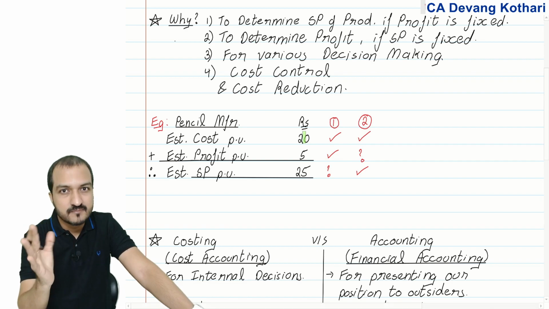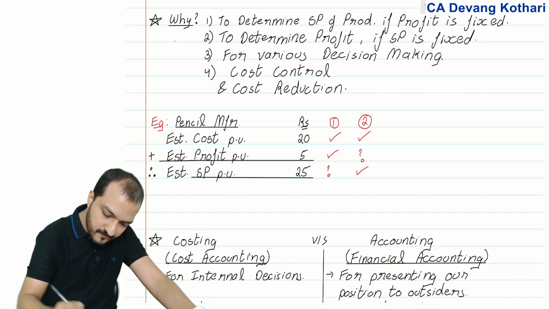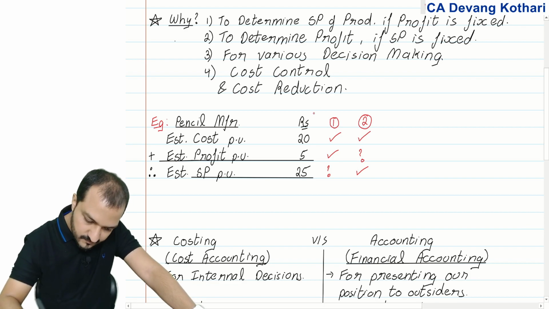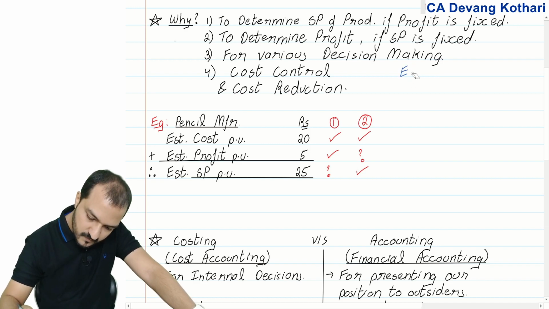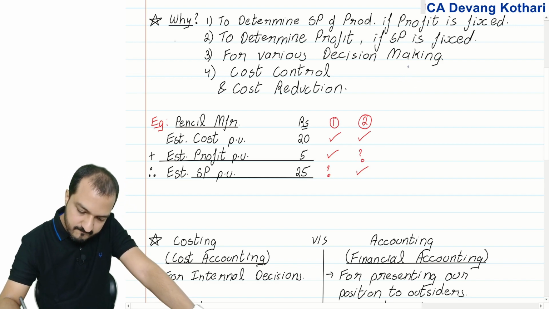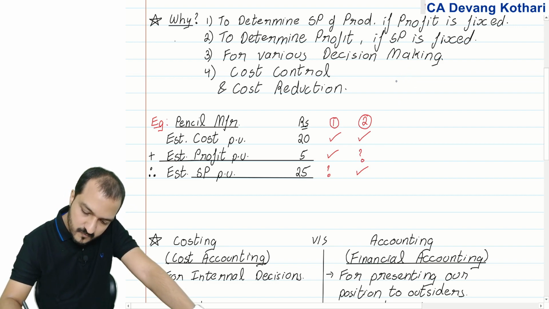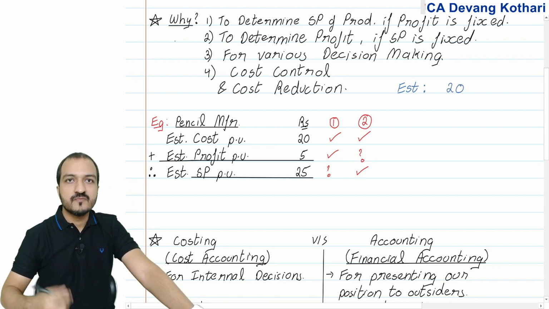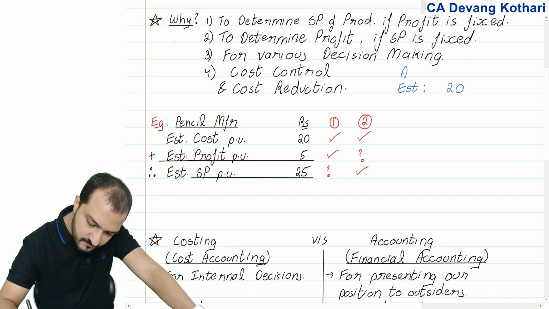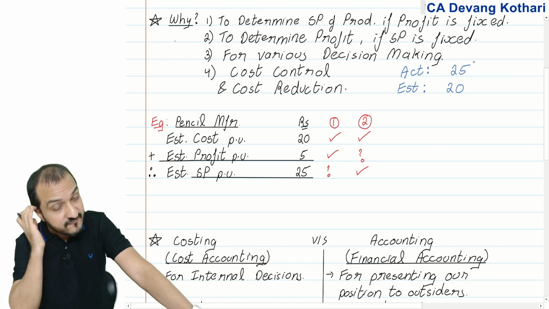Possible or not? Your estimated cost was 20. Actual cost turns out to be 25.